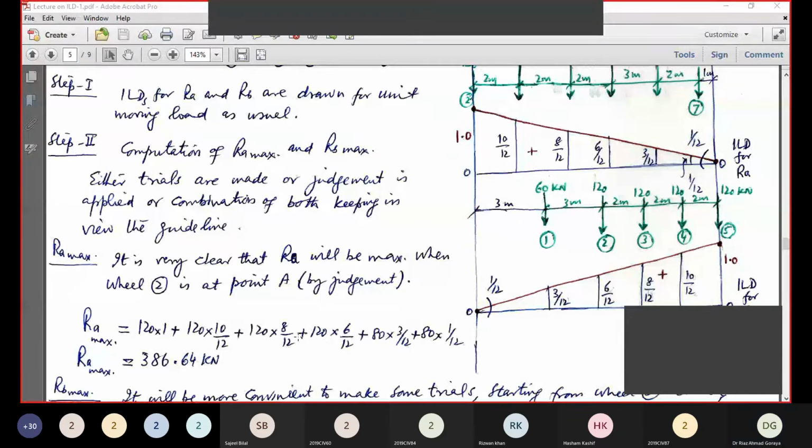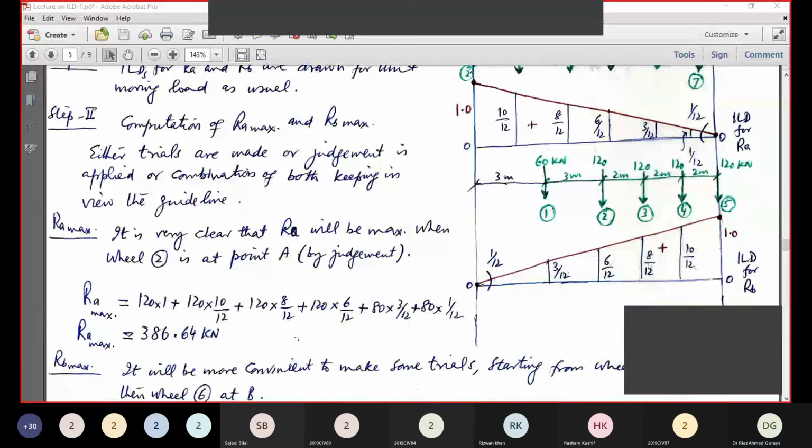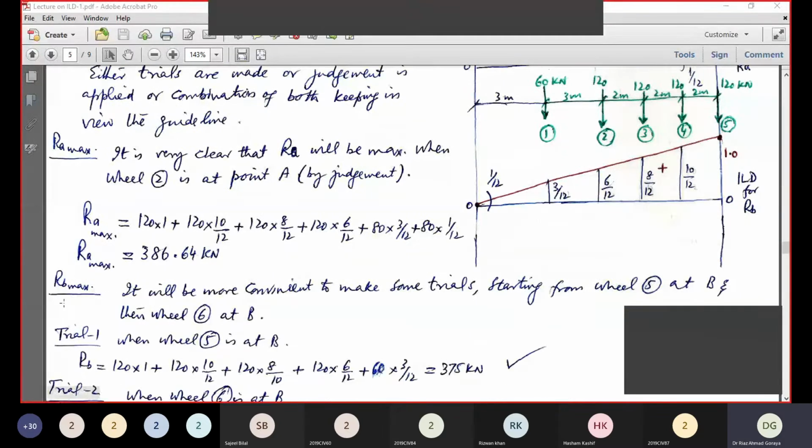Similarly, for RB, it will be more convenient to make some trials starting from wheel 5 at B and then wheel 6 at B. You should not do trials blindly, do them sensibly. If you do the trials sensibly, you will reduce your mathematical computation work.